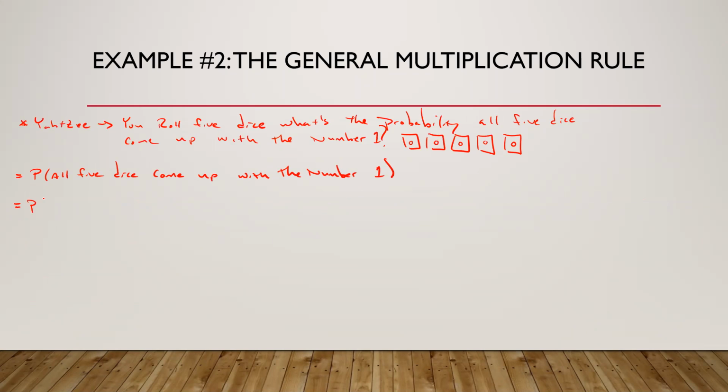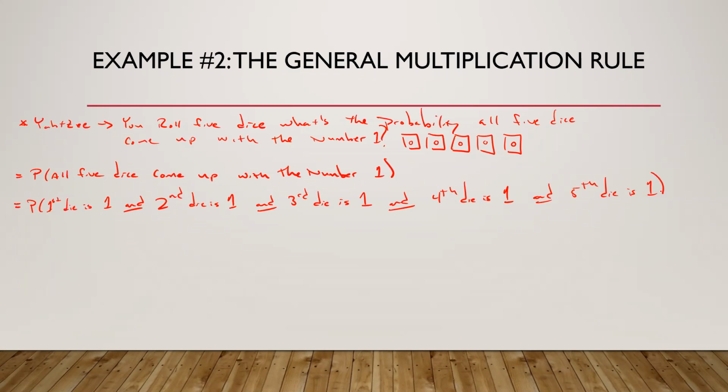So it's the probability the first die is a 1, and the second die comes up as a 1, and the third die is a 1, and the fourth die is a 1, and the fifth die is a 1.